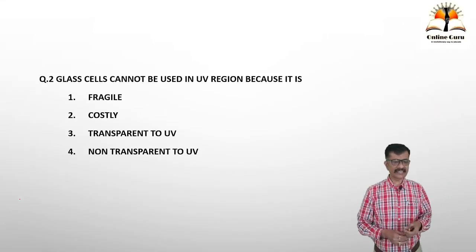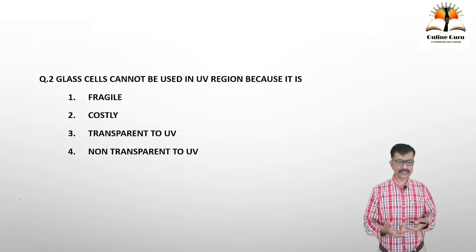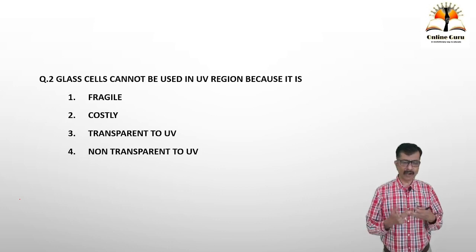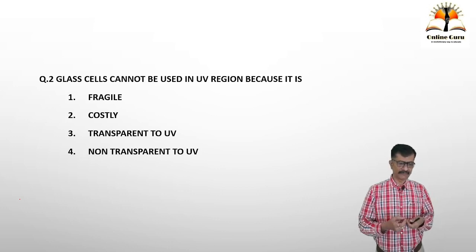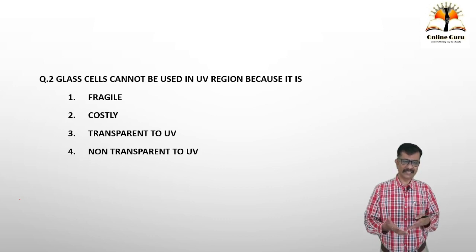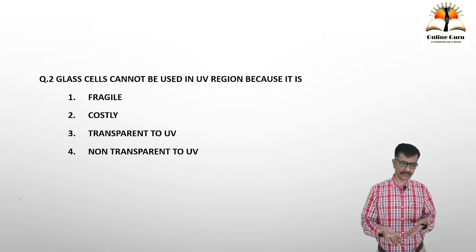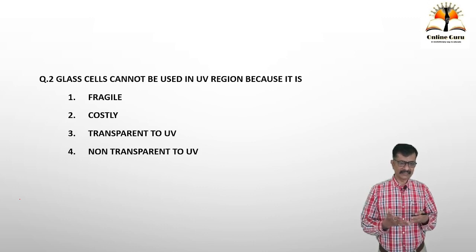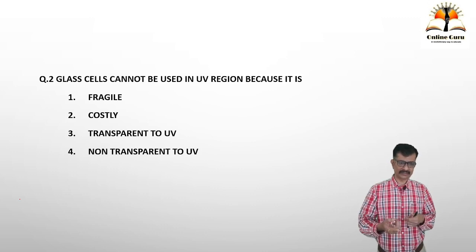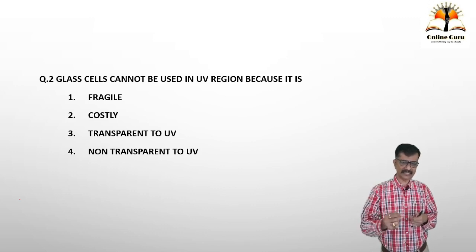A glass cell cannot be used in the UV region because it is fragile, costly, transparent to UV or non-transparent to UV. See here, the question is why a glass cell cannot be used. There is a little twist in this.